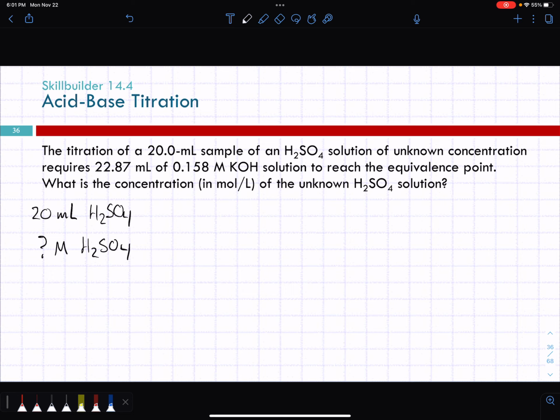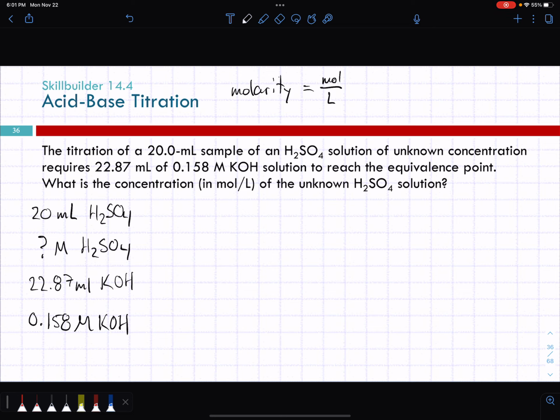But when we do this titration, it requires 22.87 milliliters of our known concentration of potassium hydroxide, and that concentration is 0.158. So what is the concentration in moles per liter? Again, write this: molarity is moles per liter. So what's the concentration and molarity of the unknown H2SO4 solution?